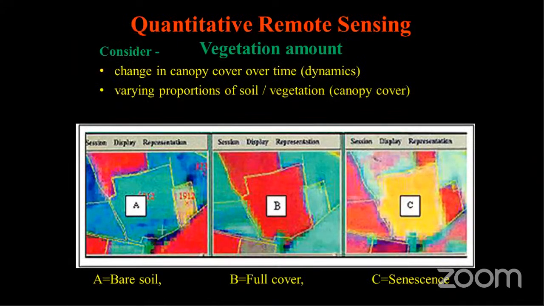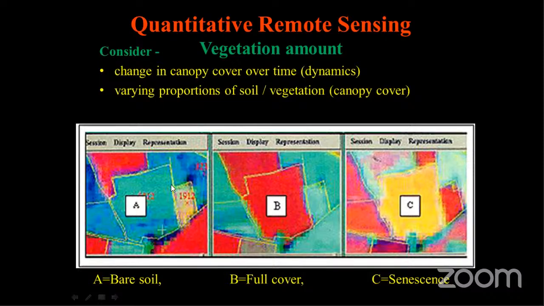Come to the another section, that is quantitative remote sensing. So quantitative remote sensing, what exactly gives you amount of vegetation? So any change in cover over time, or bearing property of soil and vegetation or canopy cover gives you the quantitative information.